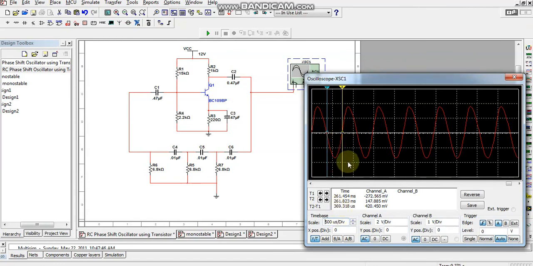So you are getting here the difference 369.318 when the box is here. I have to place, because this is the negative going edge. So next negative going edge I have to place here, or positive going edge to positive going edge. You can see, so in the same range I am getting the values.